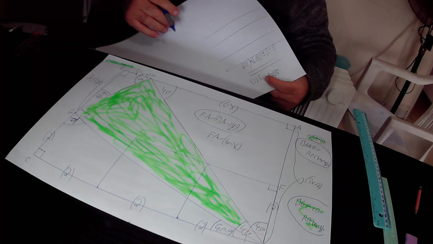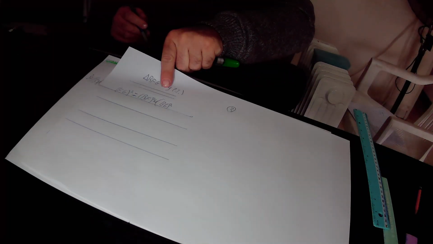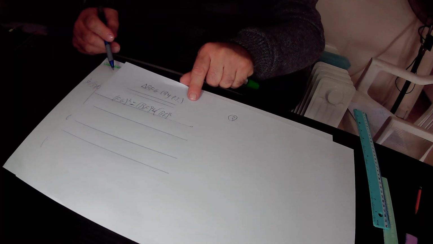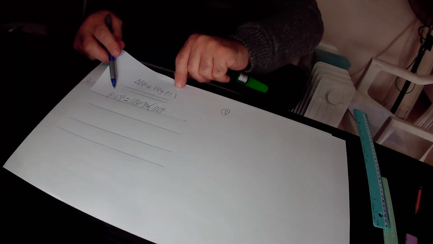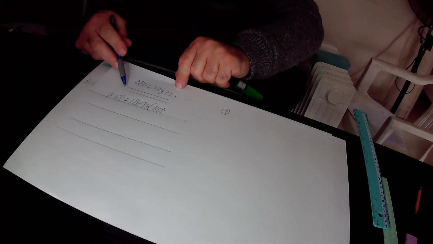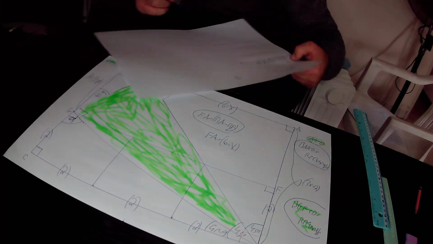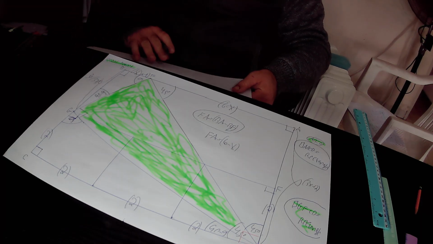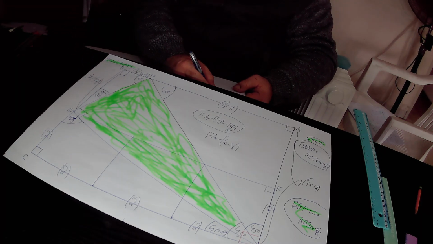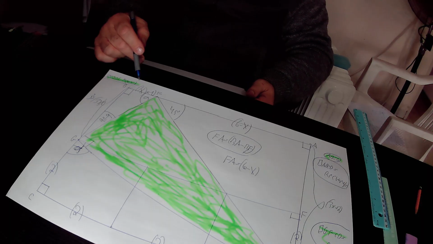Again, in this upper right triangle BFG, according to the Pythagoras theorem, FG squared equals BF squared plus BG squared. FG is the missing hypotenuse, so FG squared equals BF squared.